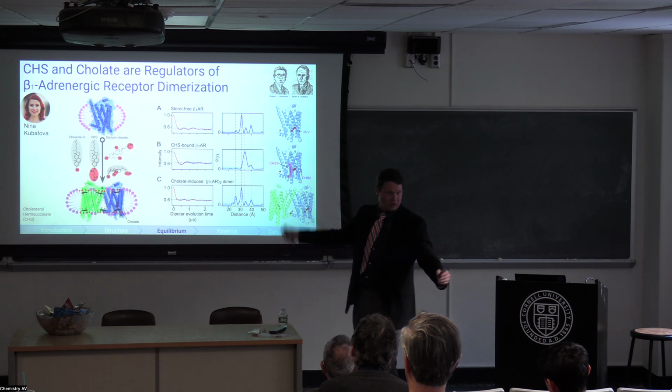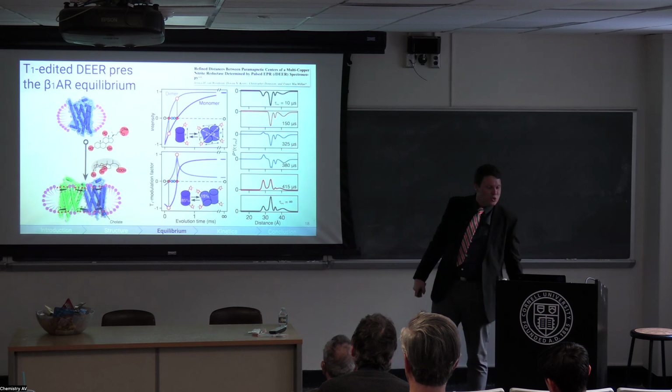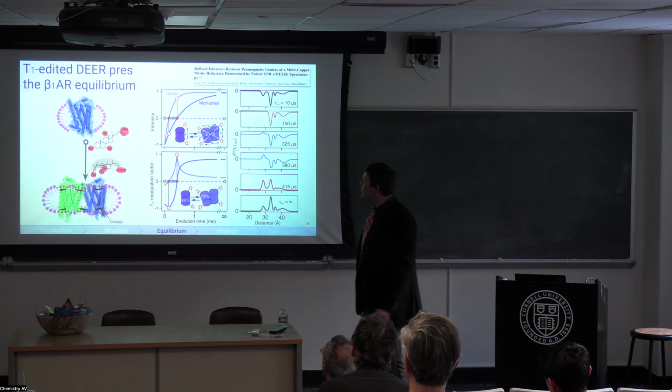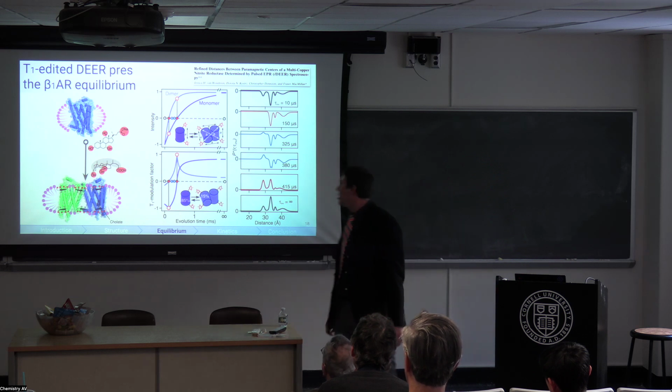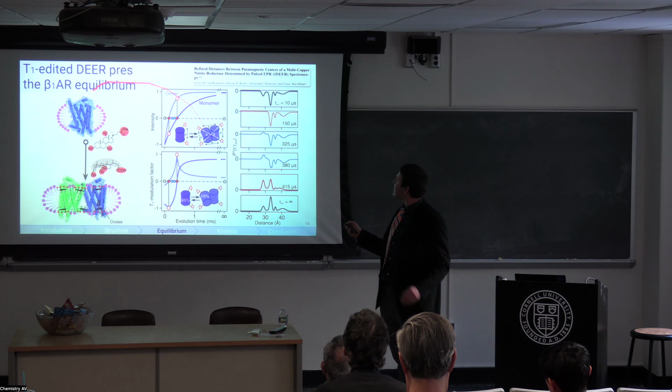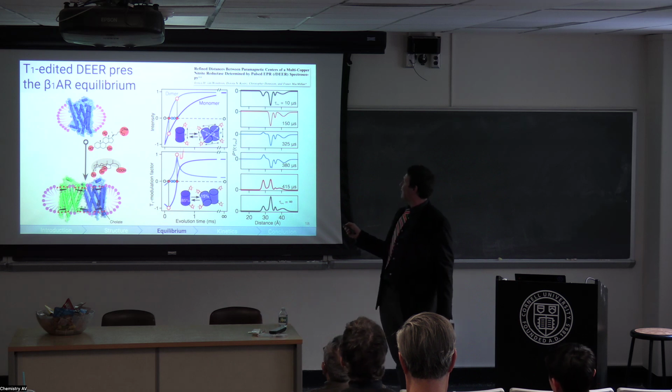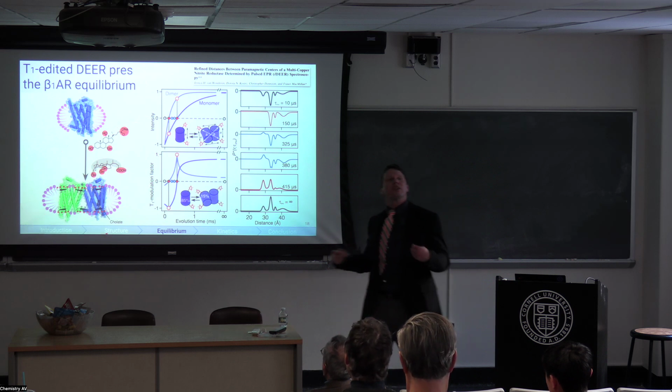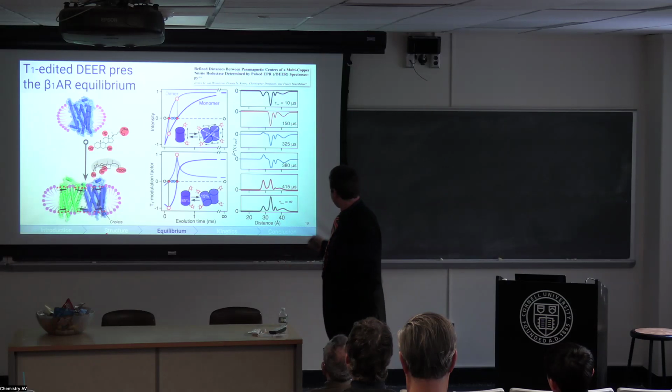So therefore, we actually had to use the T1-edited DEER experiments, initially introduced by Fraser McMillan, in which we can now separate the population of the monomeric species and the dimer species based on the number of units present.